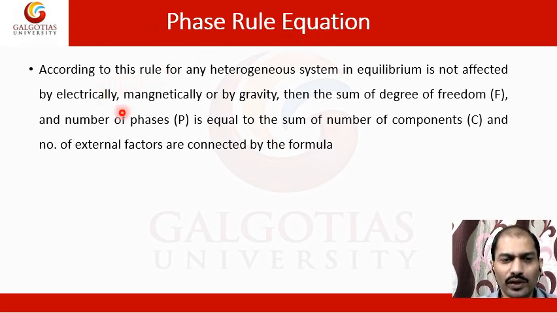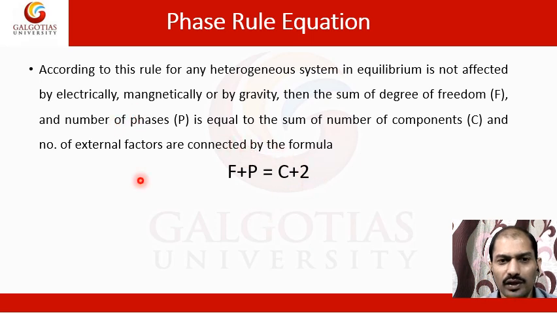According to this rule, for any heterogeneous system in equilibrium, not affected by electrical, magnetic, or gravitational forces, the sum of the degree of freedom and the number of phases equals the sum of the number of components and the number of external factors. The formula is F + P = C + 2.